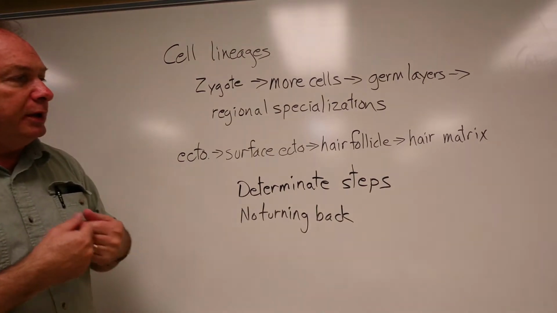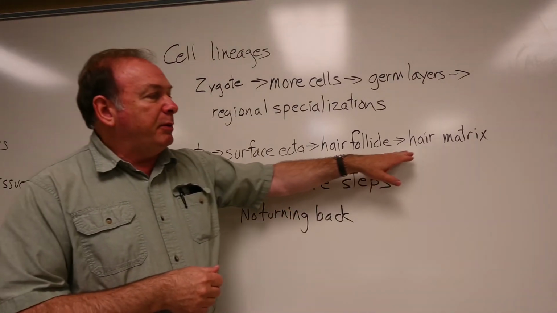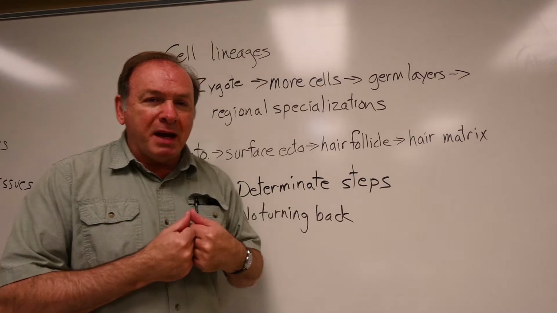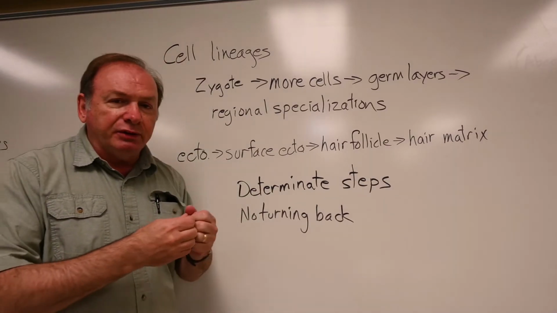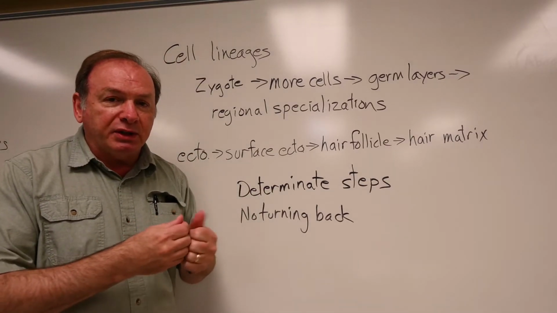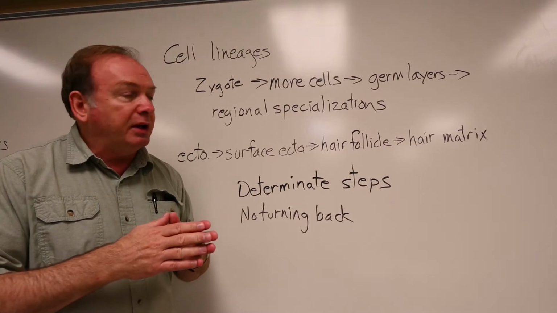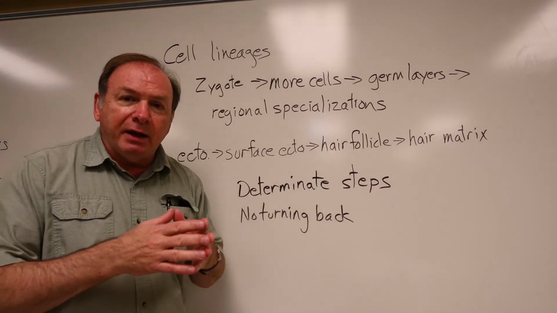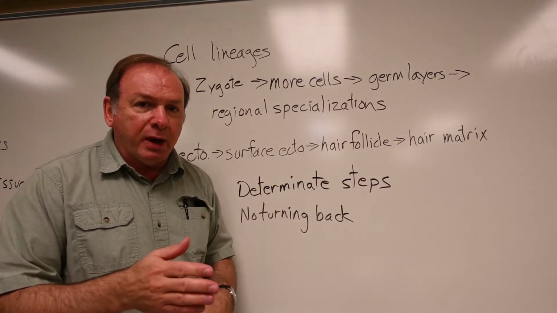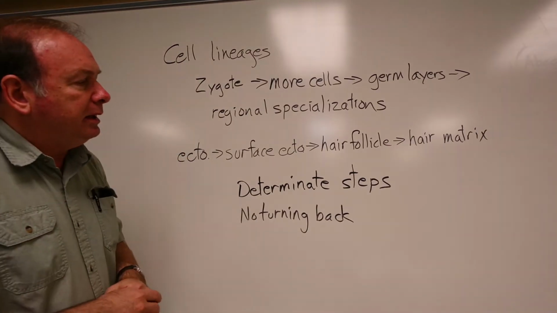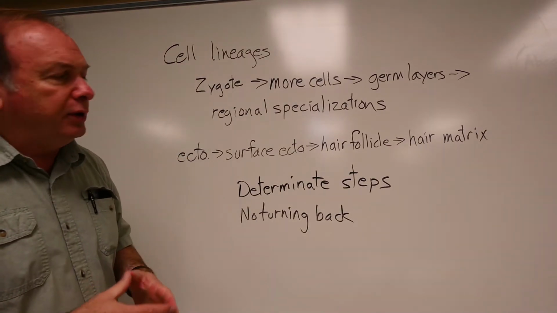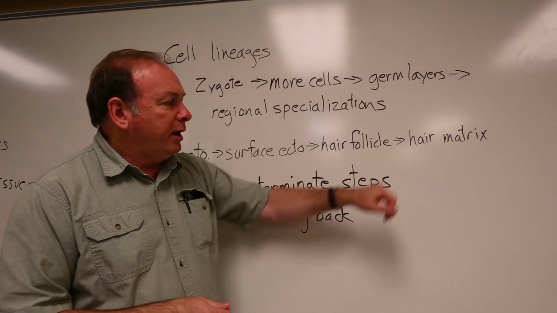In there, they fold in and go deep into the dermis. Some of those down in there might form the hair matrix. Hair matrix cells divide and make more hair matrix cells, and some of those matrix cells will eventually form the keratinized cells that make up your hair and inner root sheath of your hair from your hair matrix.